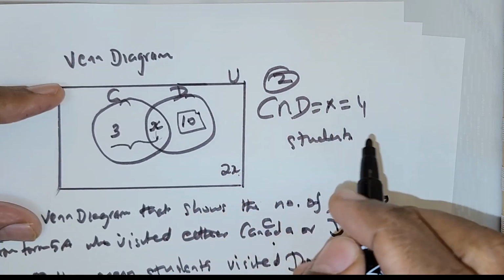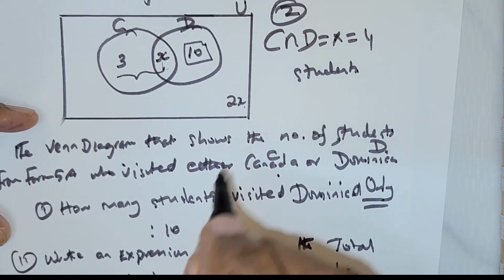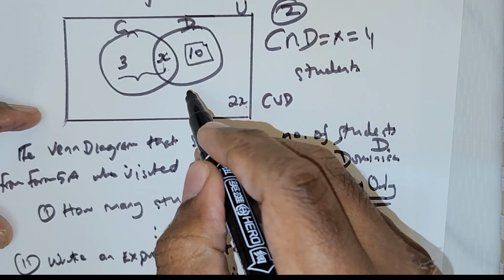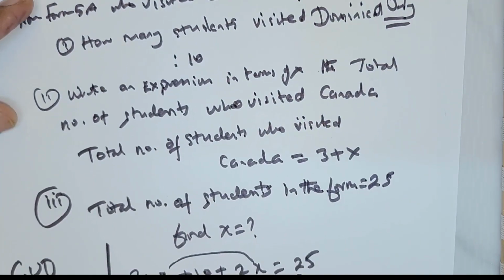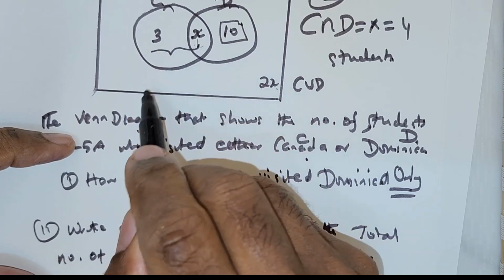And next, C union D complement. So what is C union D? C union D is 17. Okay, this entire component.